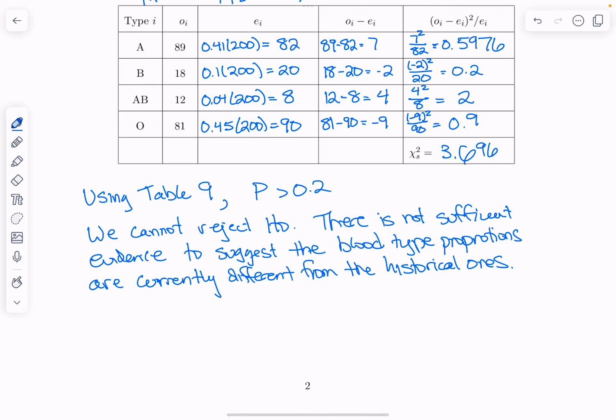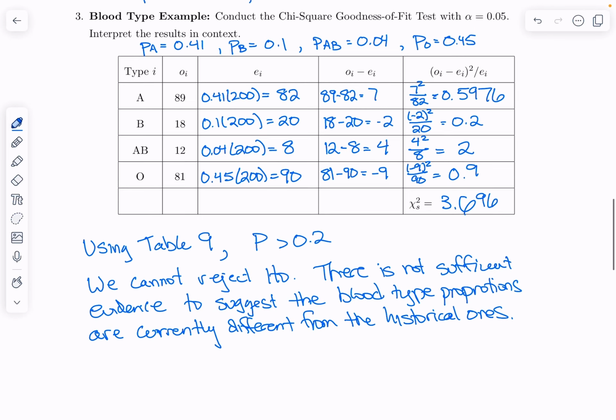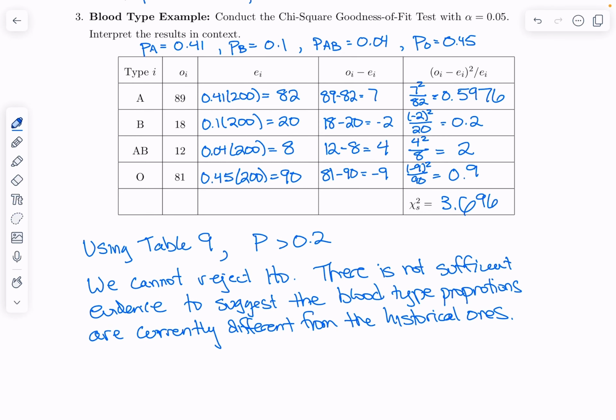And so we can say at least one of the proportions must be different from the historical ones. And that concludes this chi-square goodness of fit test.